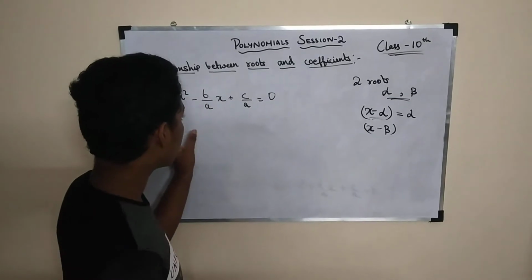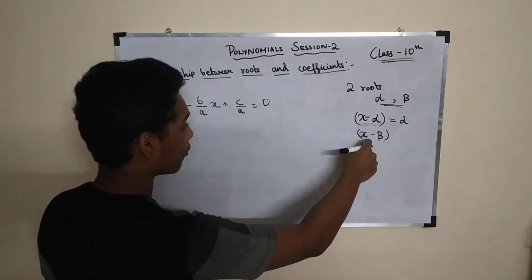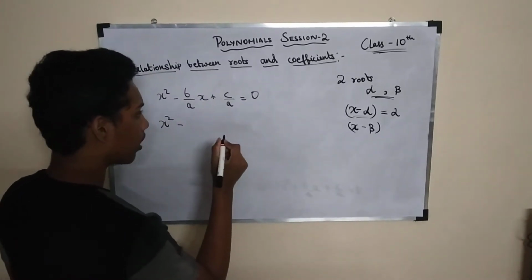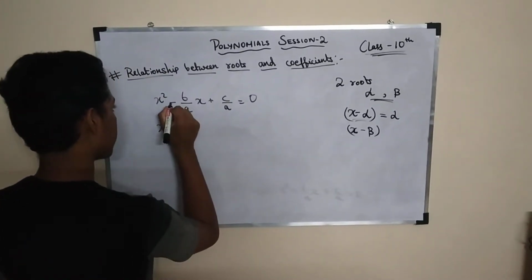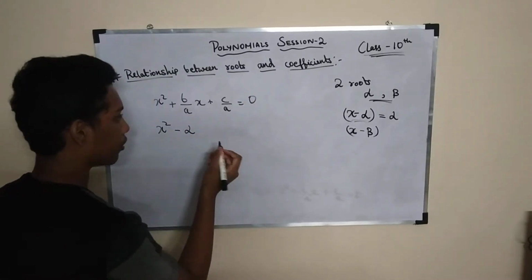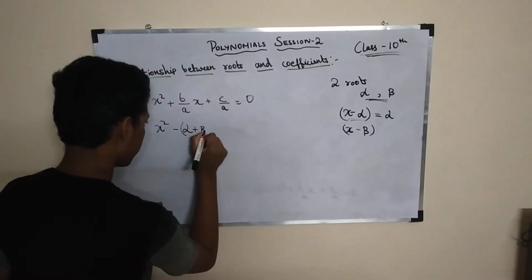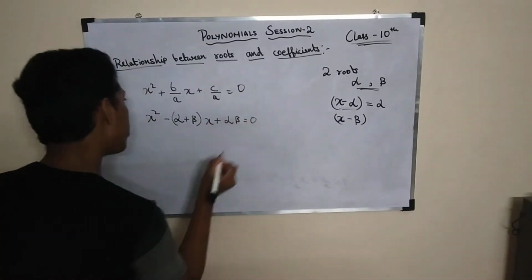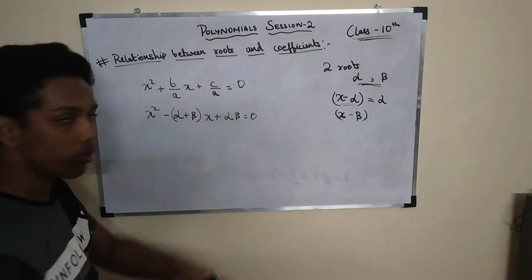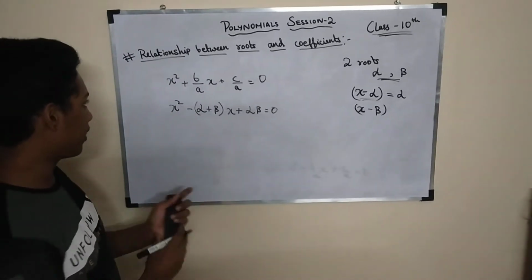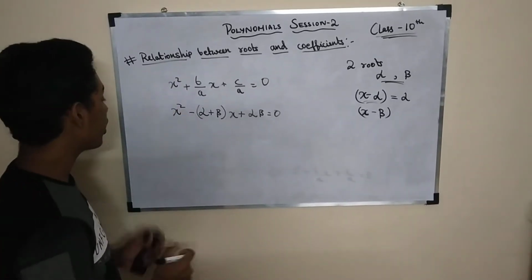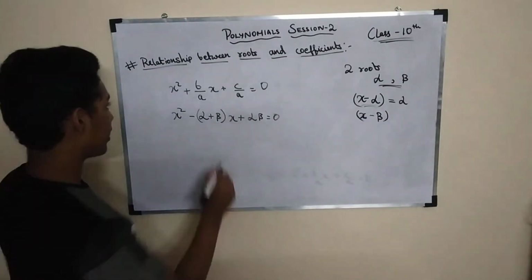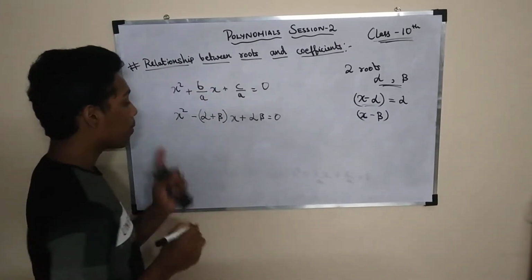We need to write the combination of the factors, which is x minus alpha into x minus beta, which is x square minus alpha plus beta times x plus alpha beta. Now we have removed a by dividing this whole thing by a. This was the general form, so a got cancelled. Now we got x square plus b by a into x plus c by a is equal to 0.